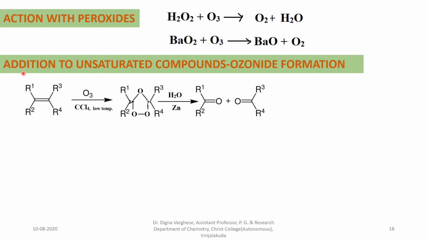Ozone adds to organic unsaturated compounds, yielding corresponding ozonides. In an inert solvent like carbon tetrachloride at a very low temperature, ozone adds to alkenes across the double bond, breaking both the bonds and forming an ozonide, which undergoes reductive hydrolysis in the presence of zinc.